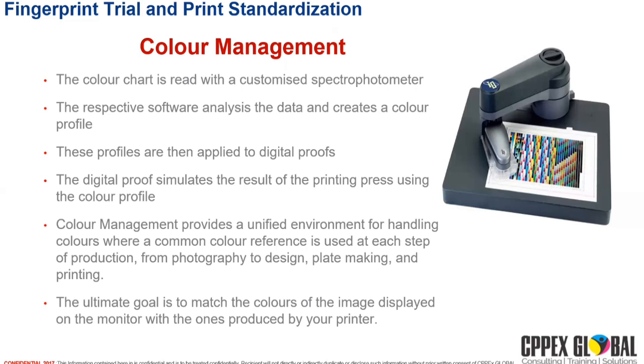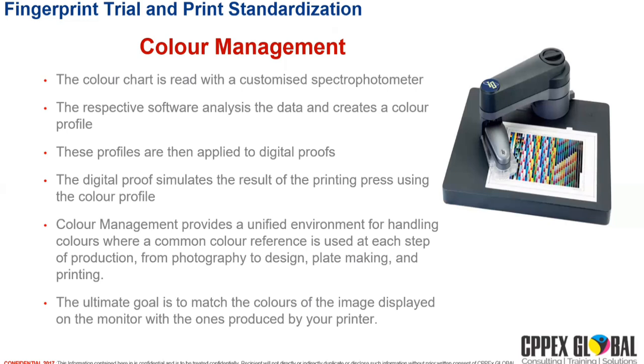So color management provides a unified environment for handling colors where a common color reference is used at each step of production, from photography to design, plate making, and press. Based on this color profile that we aligned with the digital proof, we standardize our inks, we standardize our plates, and we also standardize our design according to this profile. So what is the ultimate goal?